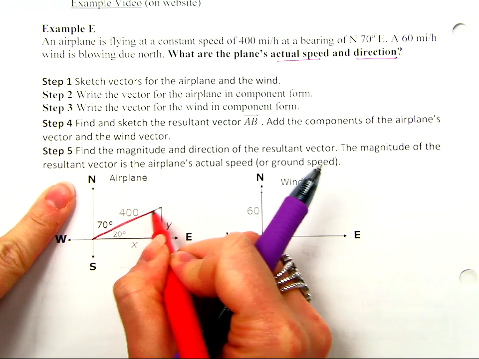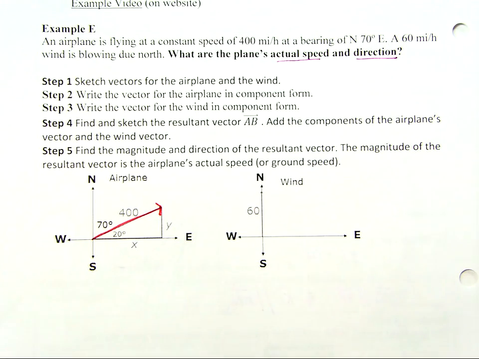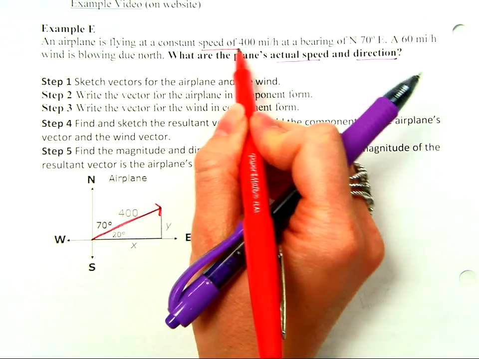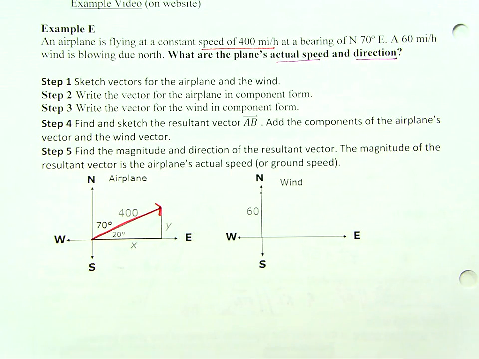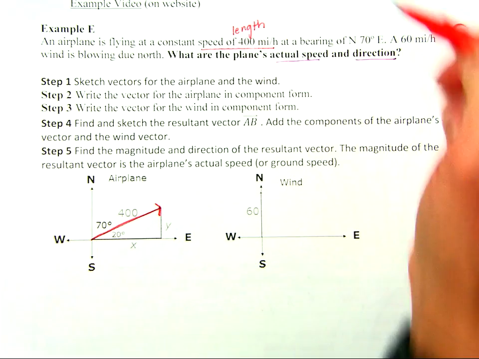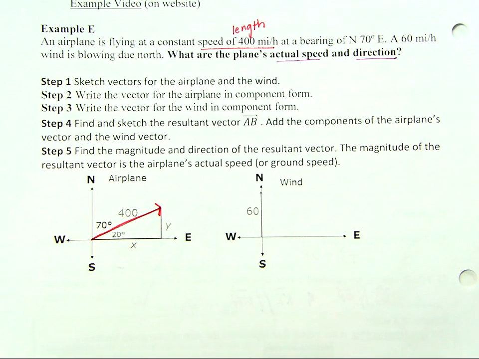This red segment right here is my vector for my airplane. And if I'm traveling at a speed of 400 miles per hour, remember my speed is my magnitude, but speed is also the length. And so that's why my vector is labeled as 400.